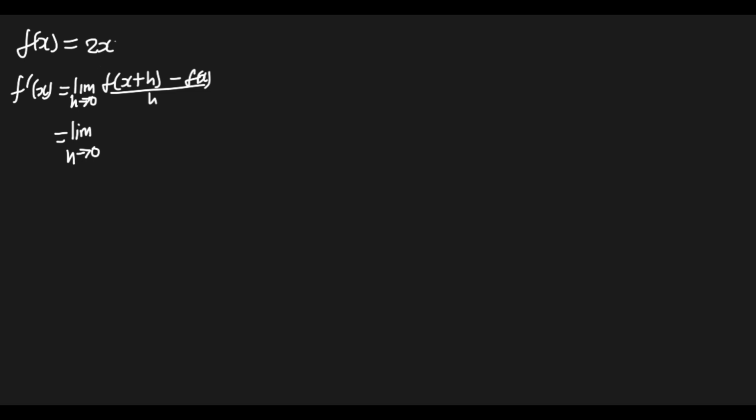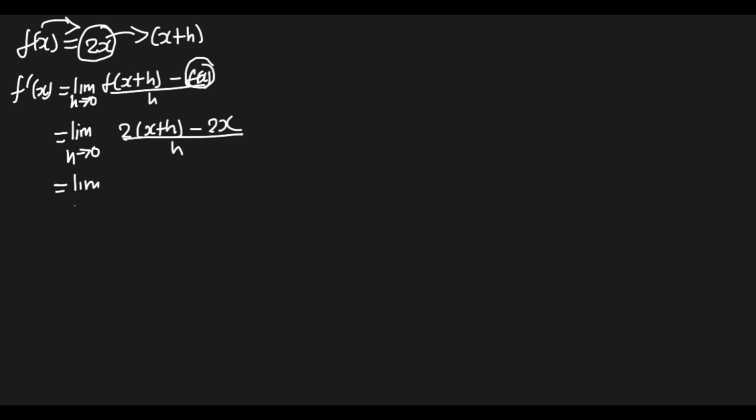Then this time, where there is x, we need to substitute with x plus h. So this is 2 open brackets x plus h close. Then where there is f of x, we need to write whatever f of x is equal to. So f of x is equal to 2x, so we have our 2x, then divided by h.